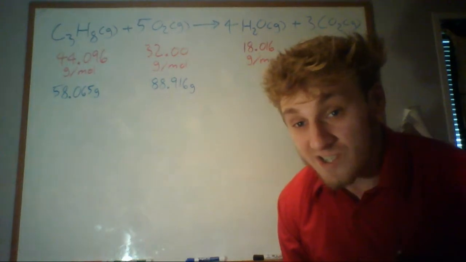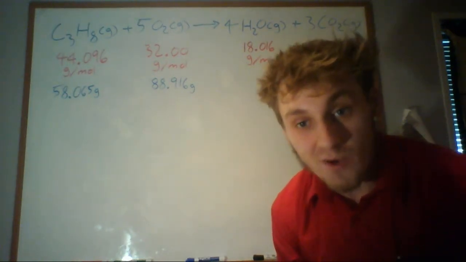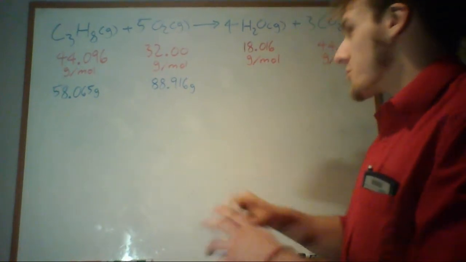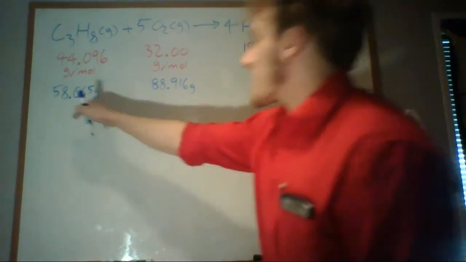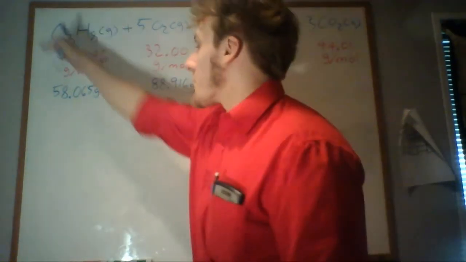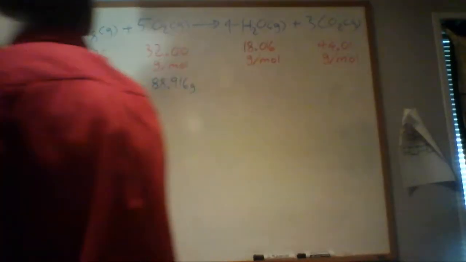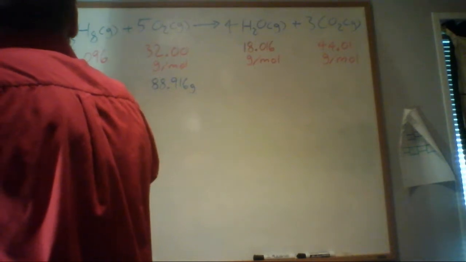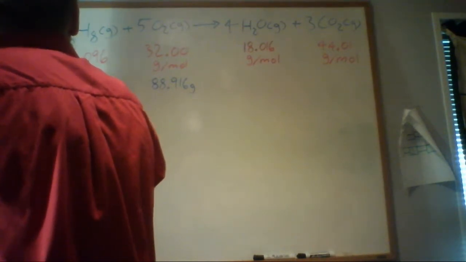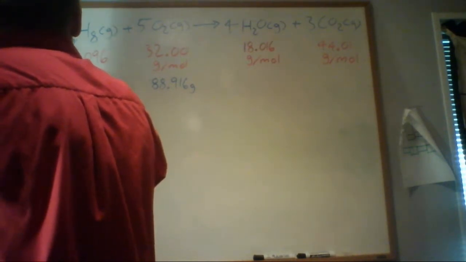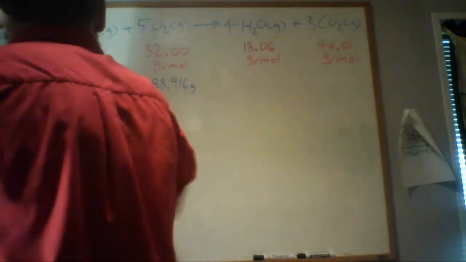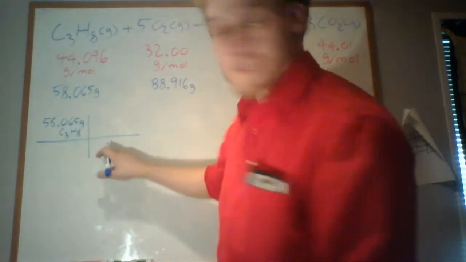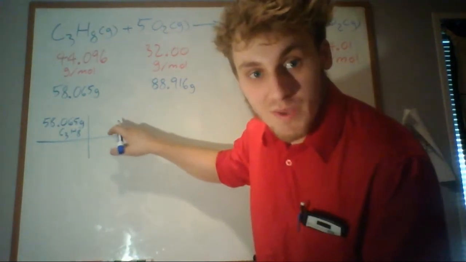Might make more sense to just see it, to work through it, so why don't we go ahead and get started. So, we'll start with blue. We'll take this many grams of our propane, 58.065 grams of C3H8, and we'll use the molar mass here to go from grams to moles of propane.